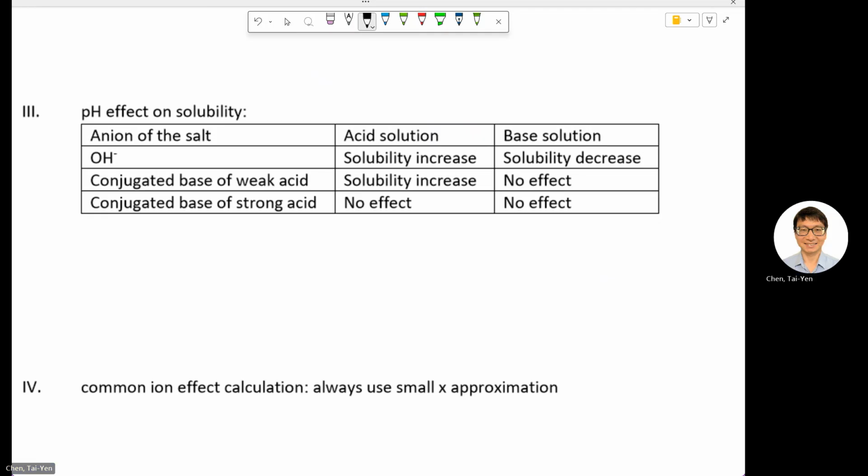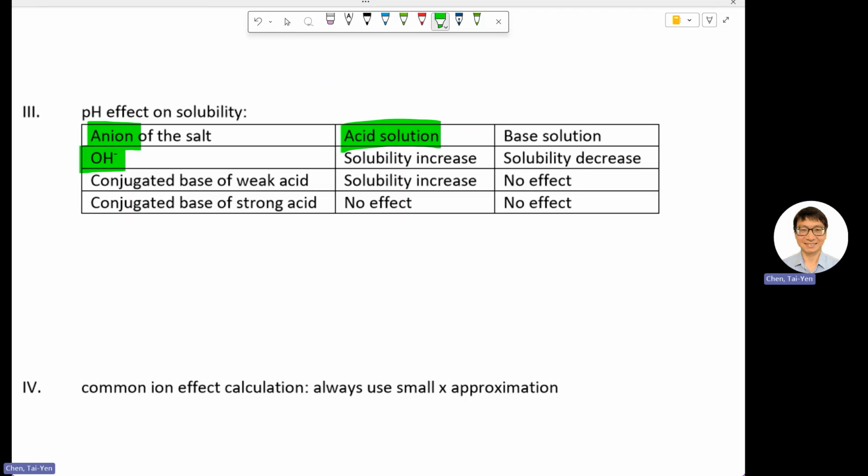The way you handle these things is by starting by identifying the anionic species of your insoluble salt. If the anionic species of your insoluble salt is OH minus, then when you put this in an acidic solution, your acid is going to consume your OH minus, therefore the insoluble salt will continue to dissolve.